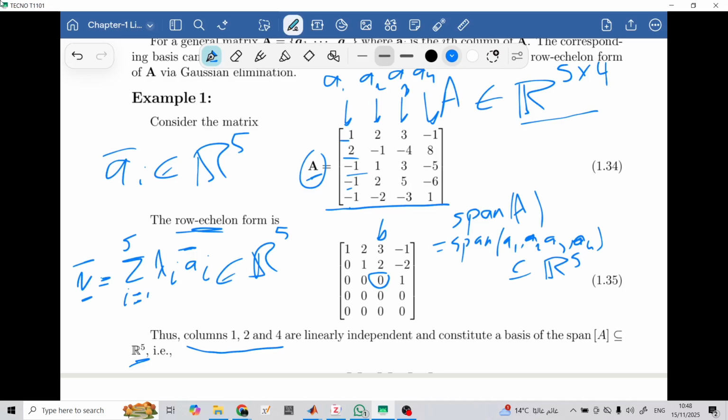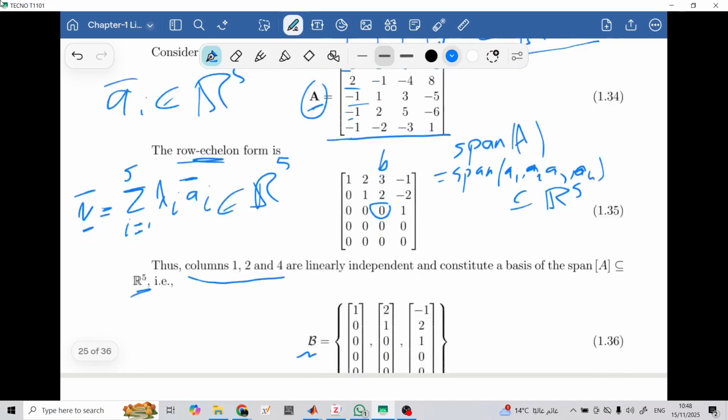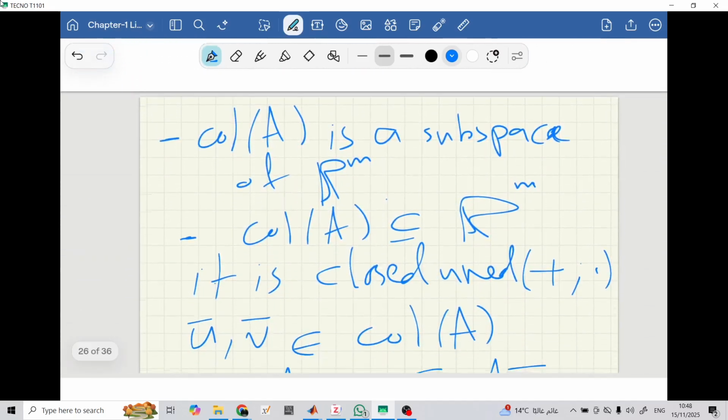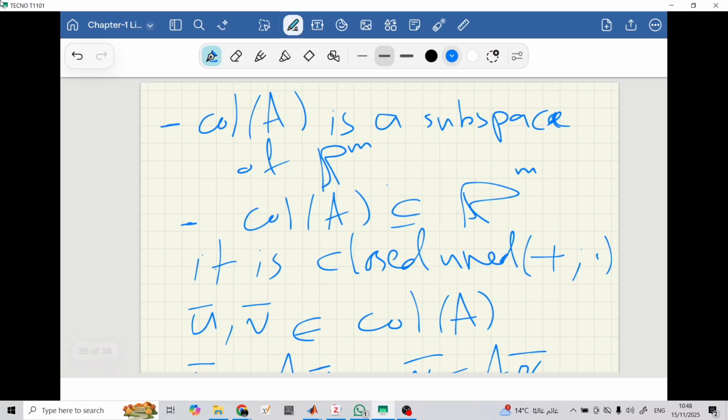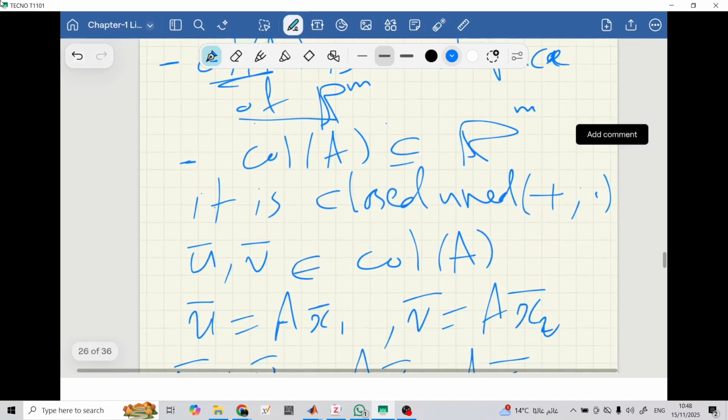So now let us prove that A is a column space. The column space of A is a subspace of R to the power m. This means that the column space of A is a subset, because a subspace is a subset of Rm.